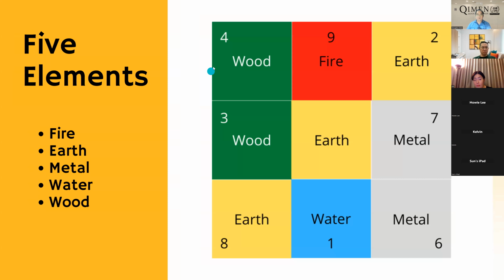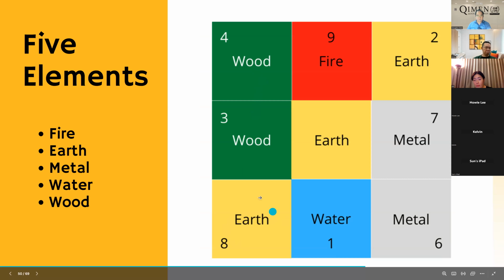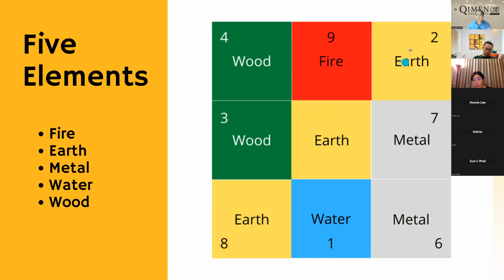If you notice this particular formation, you don't have to remember it, because the formation is always consistent. Box number 8 is always earth. The center is always earth also. 2 is always earth. Then 9 is always fire. 4 and 3 are wood.